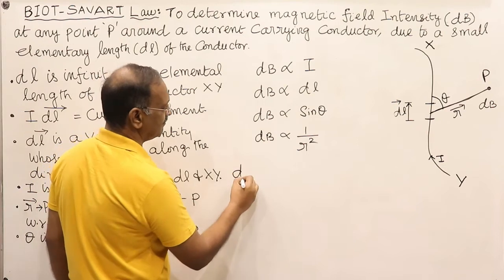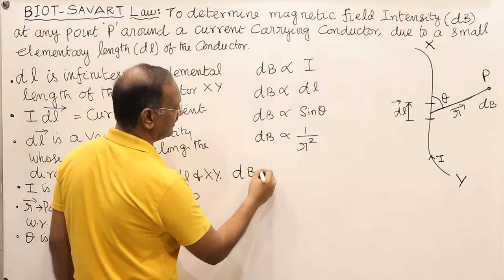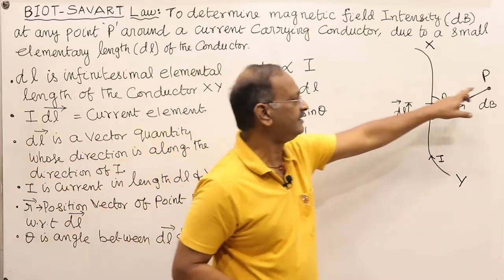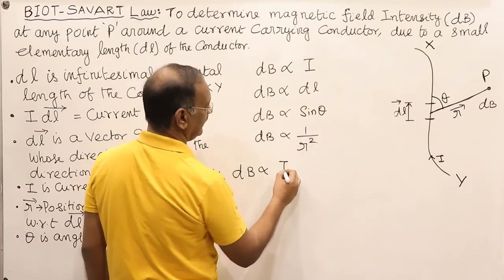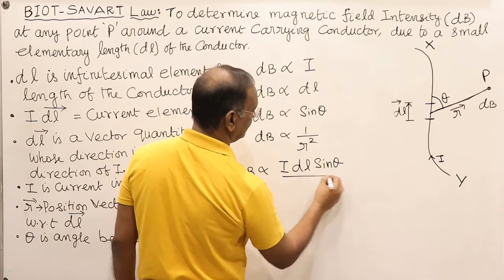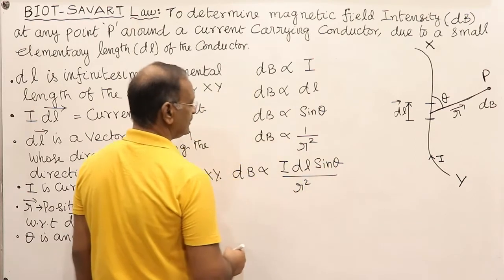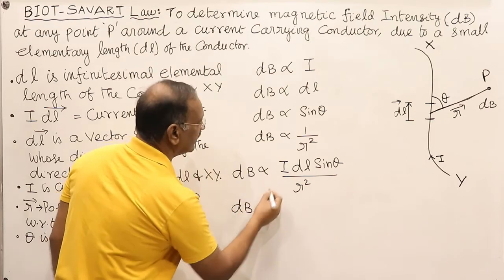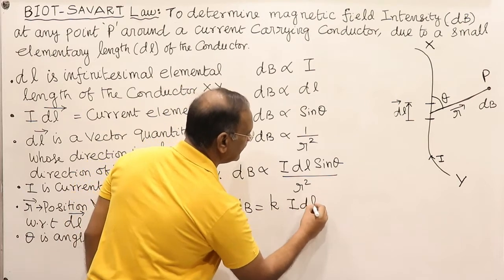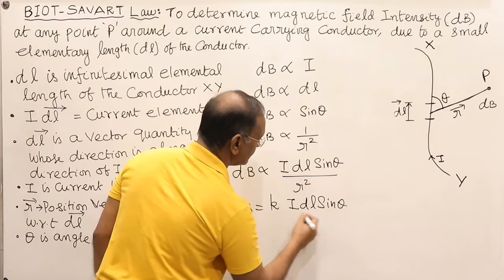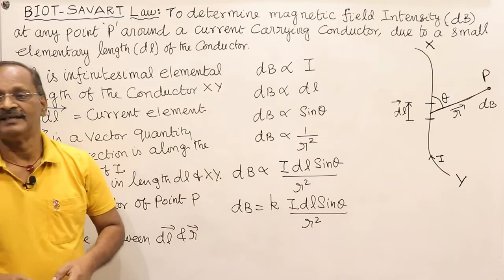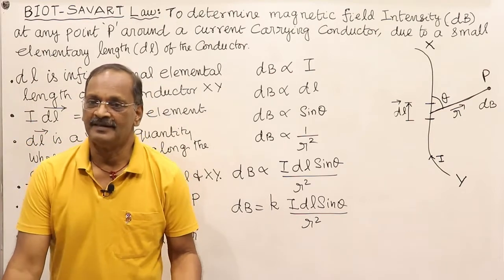If we combine all these things, the small amount of magnetic field produced due to this small length dl is proportional to I dl sin theta divided by r squared. The constant of proportionality can be replaced with an experimental value.